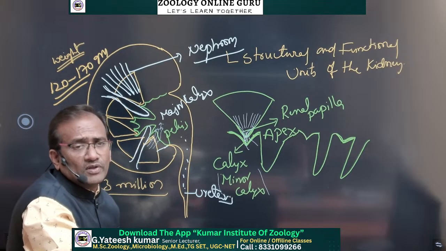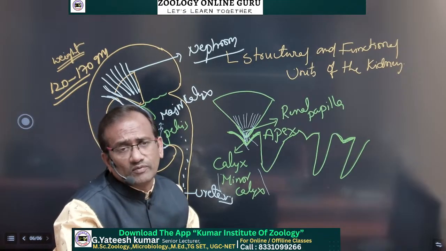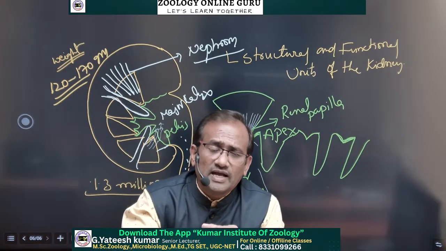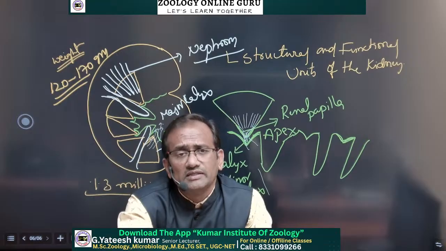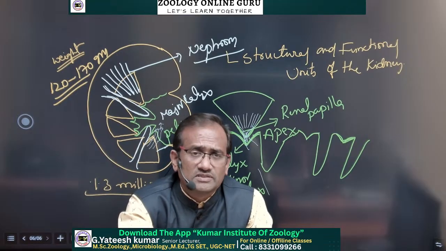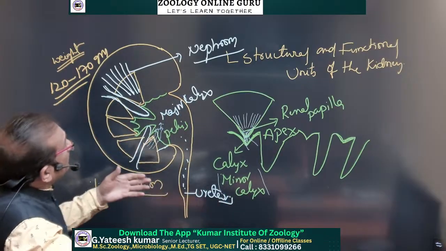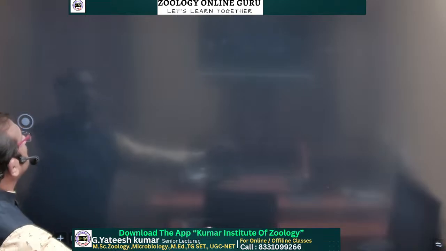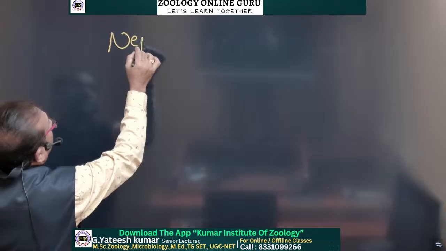Now coming to the structure of nephron. The study of the kidney is known as nephrology, and the doctor who deals with kidney diseases and surgeries is known as a nephrologist. We will discuss that later. Now, how a nephron is present in the kidney. So our topic now is nephrons.